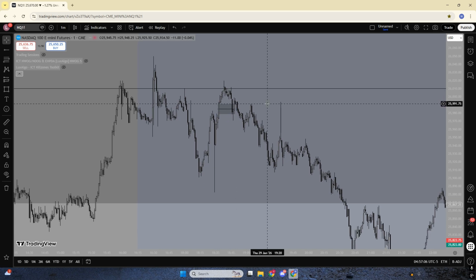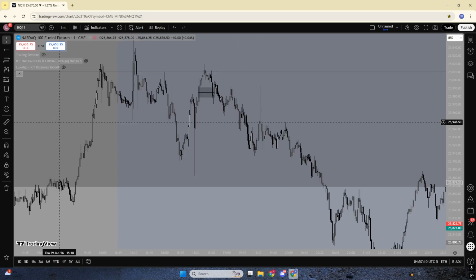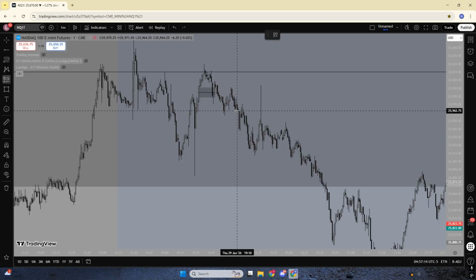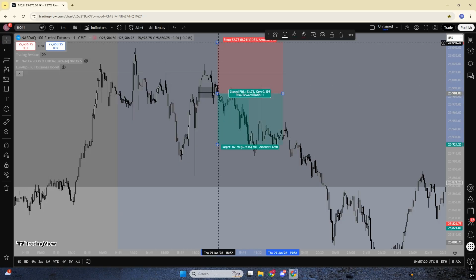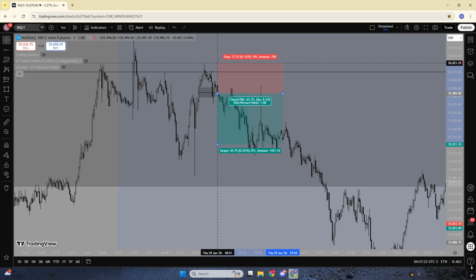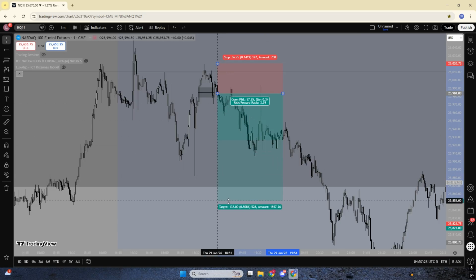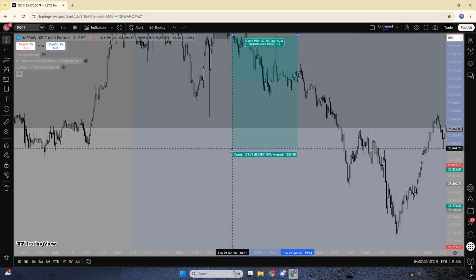It taps back into this gap, and then rips straight down. So you would have your short position enter off the reaction right here, stops at the swing high, and then target previous levels of liquidity. It's that simple.